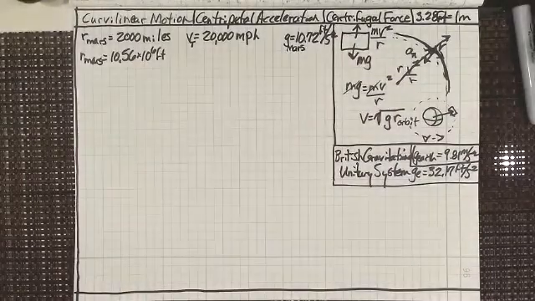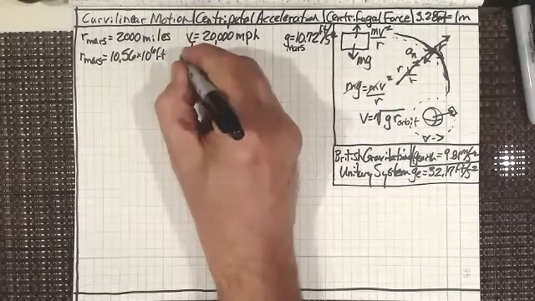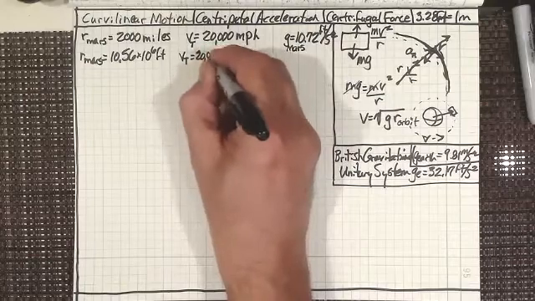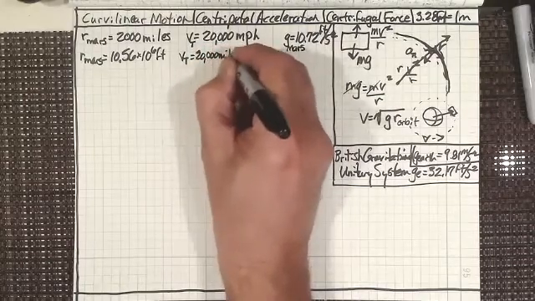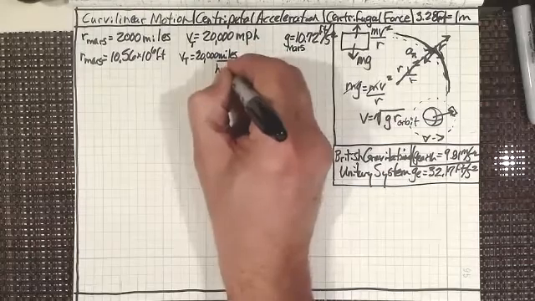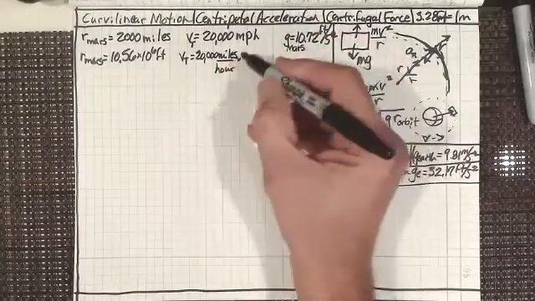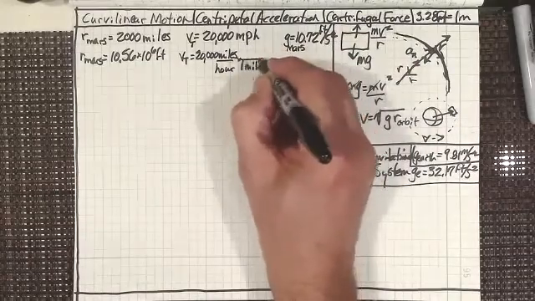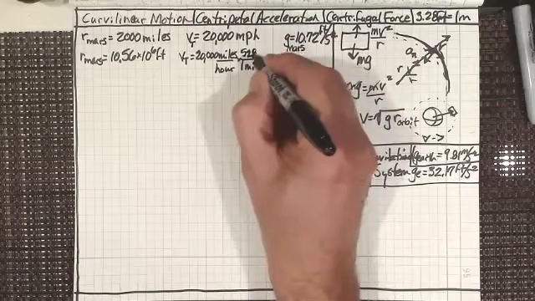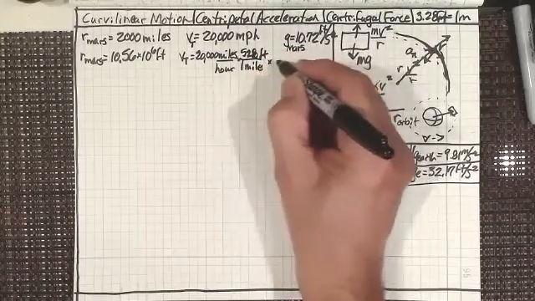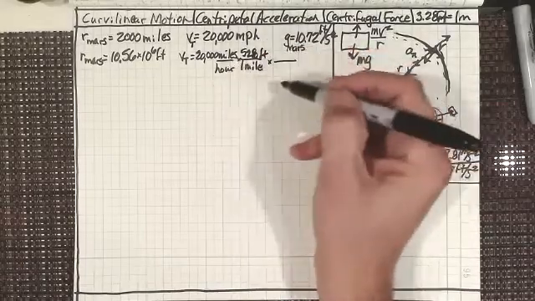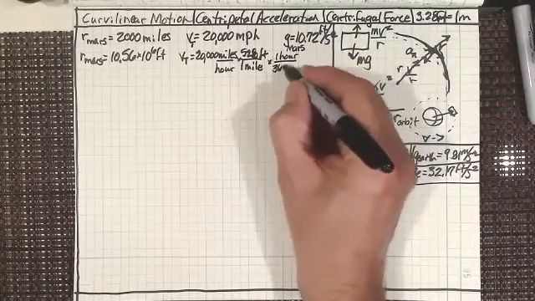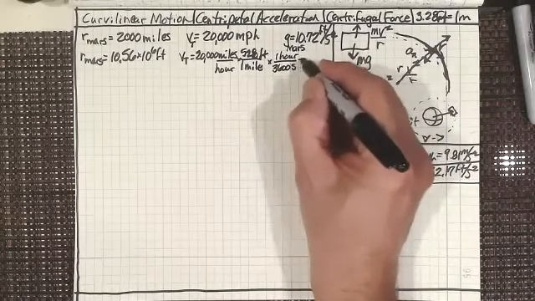Now what I want to do is change this miles per hour into feet per second. So V sub t equals 20,000 miles per hour. Let's change that into feet per second. Well, we know that 1 mile is 5,280 feet, and 1 hour is 3,600 seconds.